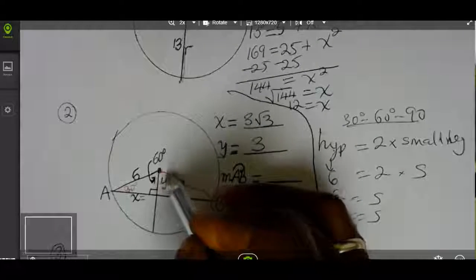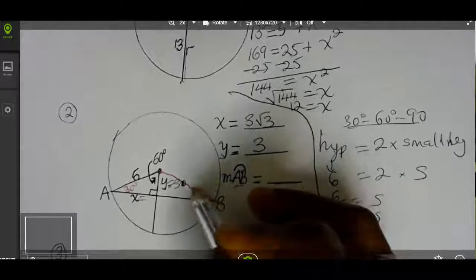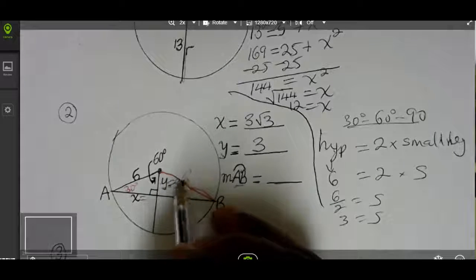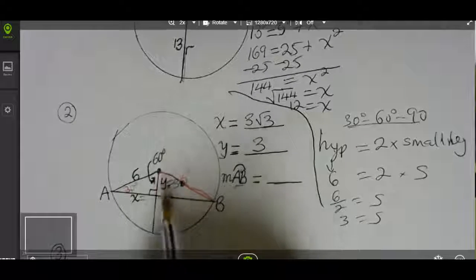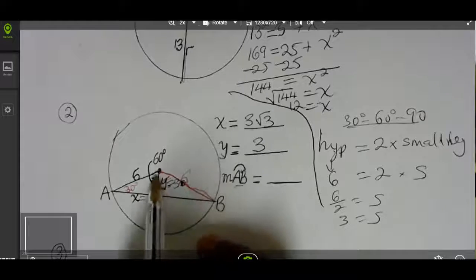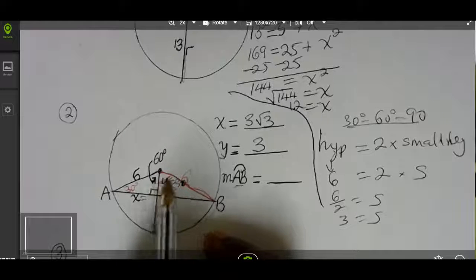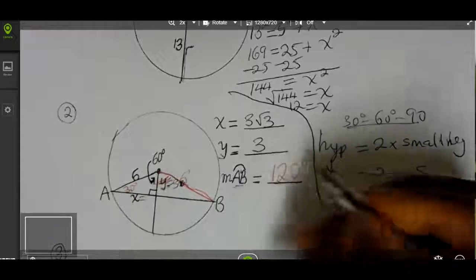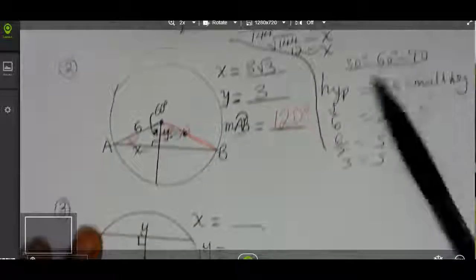Just assume this is a straight line down. So it is another radius. So the radius here is 6, just like the radius here. And since this angle is 60, this angle will also be 60 because this radius is going to bisect the chord. Therefore, you have 60 plus 60, that is 120. So this is going to be 120 degrees.